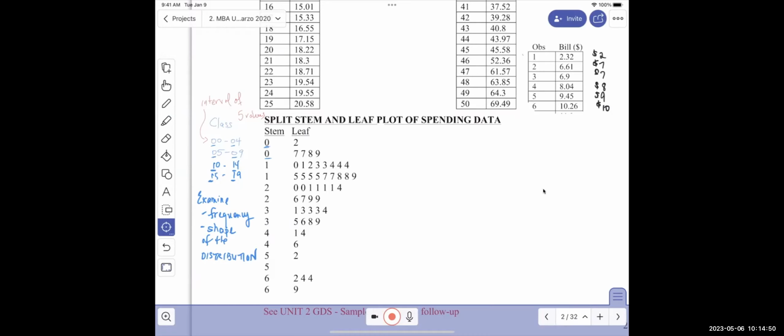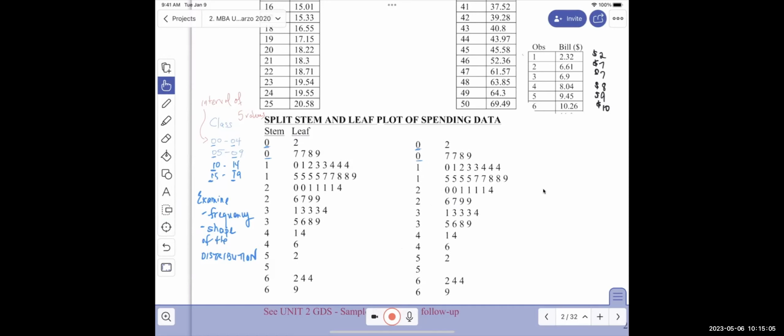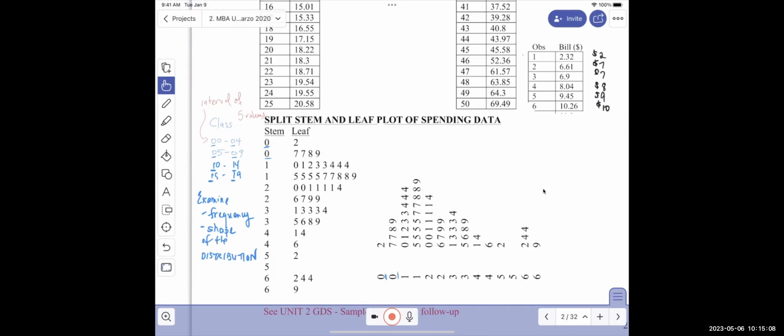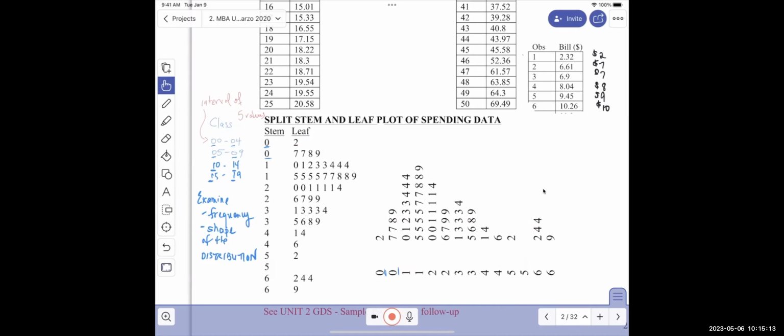Okay, so let's look at the shape. So this is going to be the beauty of the iPad. So I want to look at this as though I have a real number line. I put it on its axis, and what I do is I imagine a broader pattern. I have enough data here to say, all right, let's look at an overall pattern.